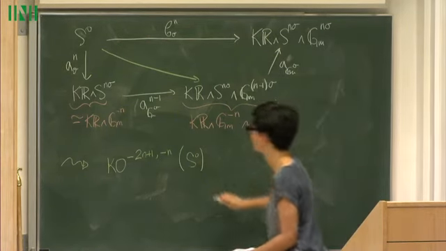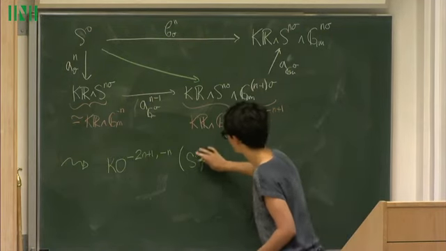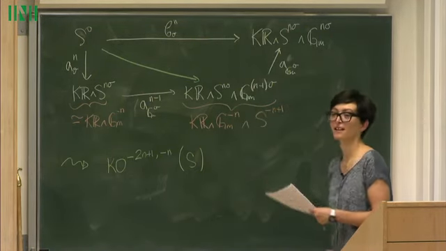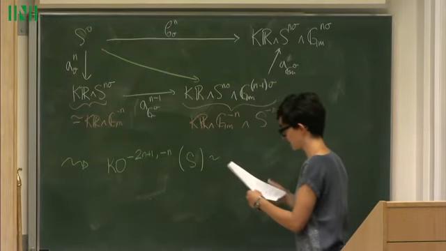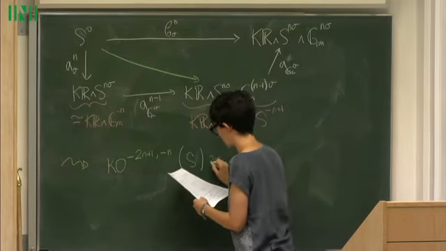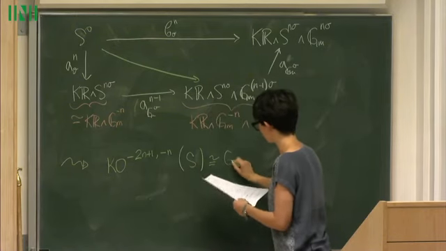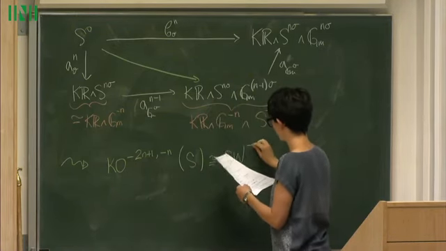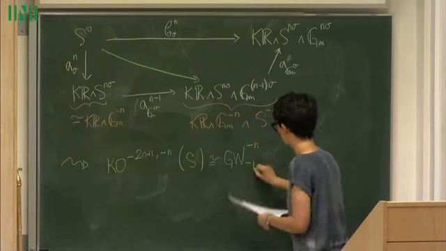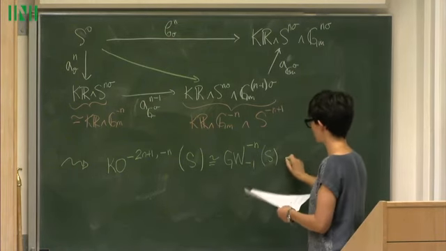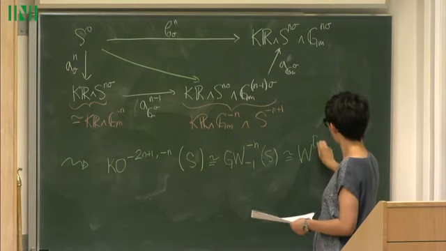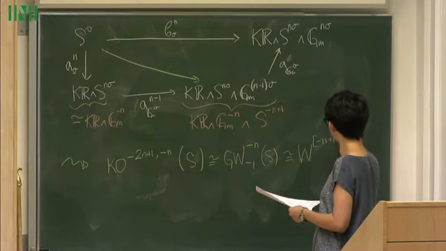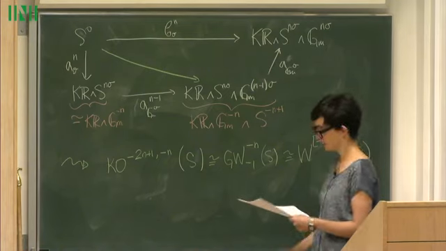And maybe here's a trick. This thing has different names. This is a Grothendieck-Witt group, minus n minus 1 of the base, and I guess that's like a Witt group, minus n plus 1 of S.